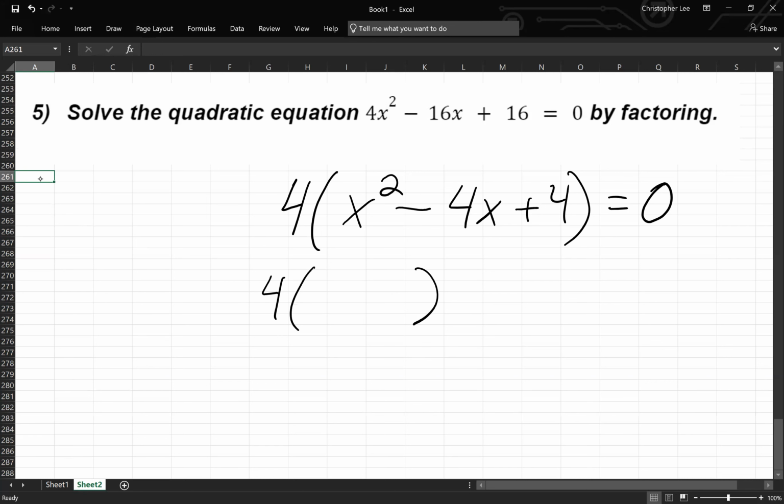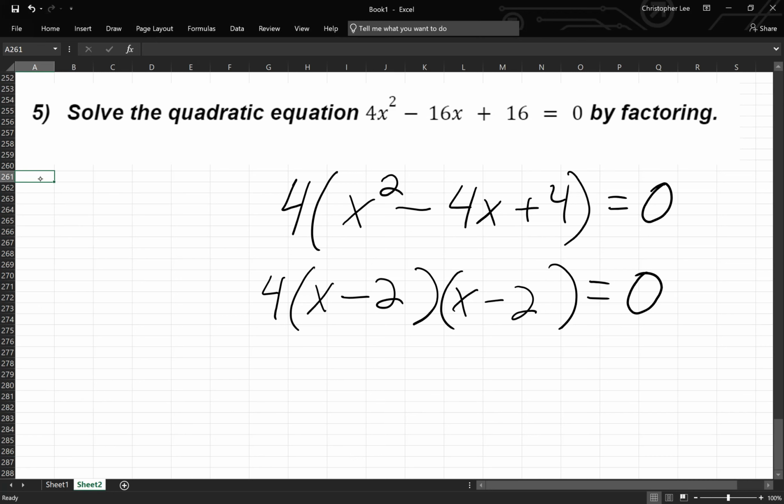X plus. X plus. Very good. Right? Because -2 times -2 is +4, and -2 plus -2 is -4.